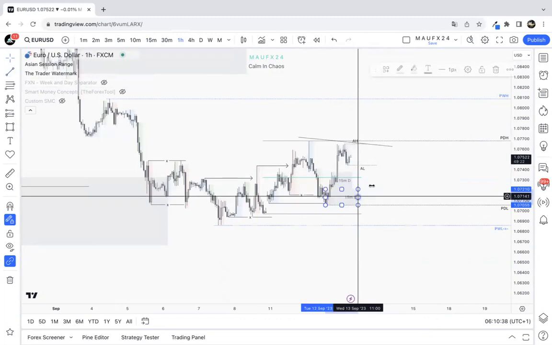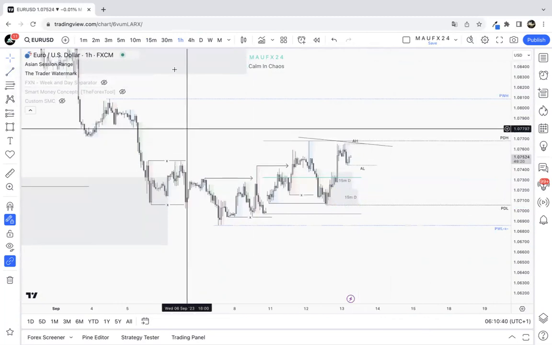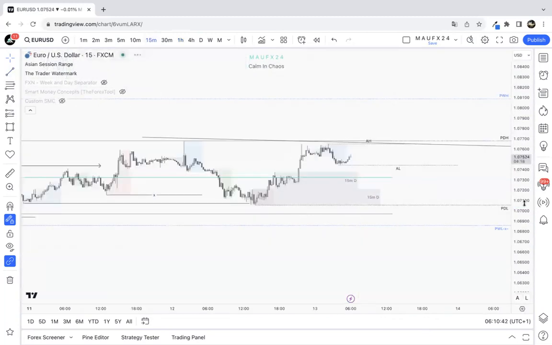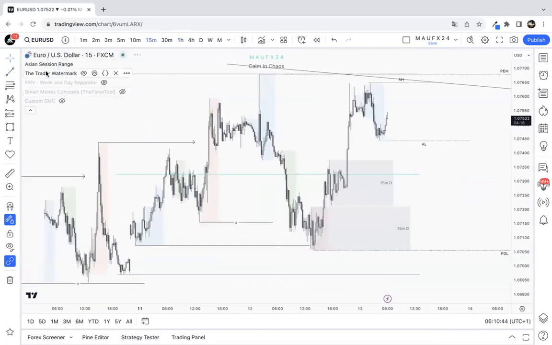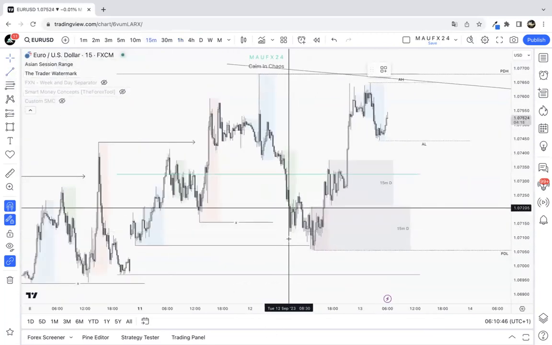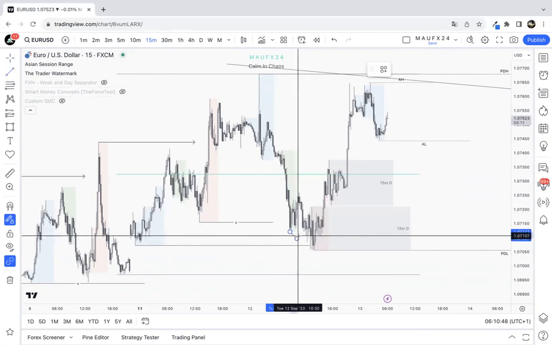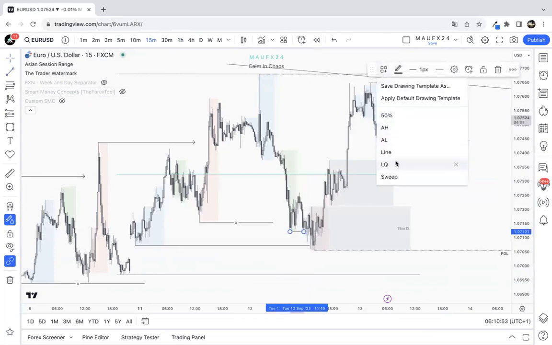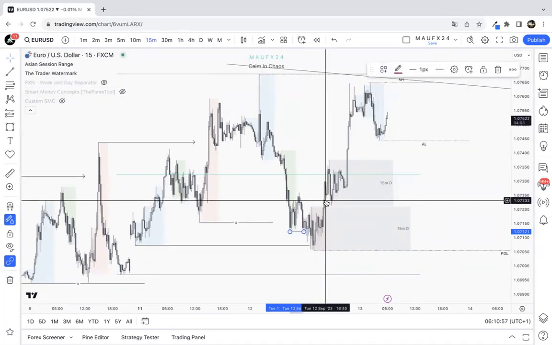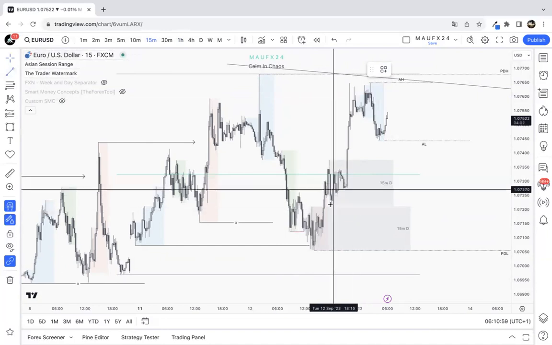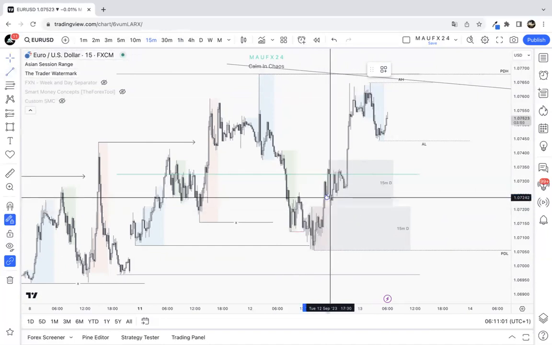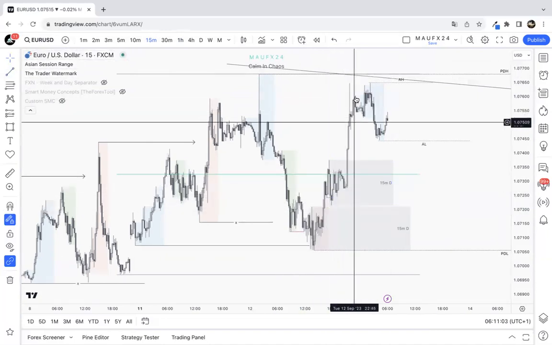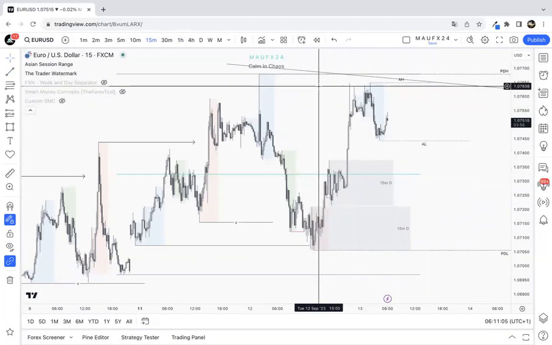So yeah, I'm looking at these areas. You can see that if we zoom in, we swept this as well. So a little sweep there. Sweep, and pretty much same story over here, where we swept below and then got the move to the upside, although we didn't break above yet.